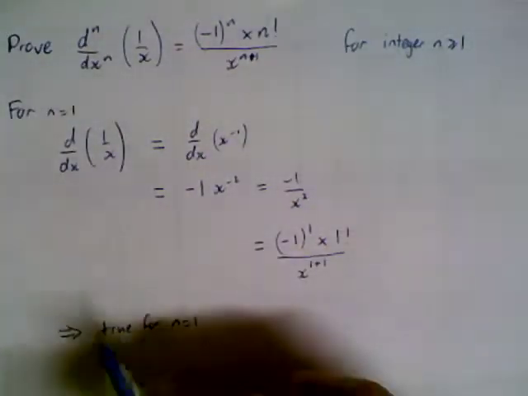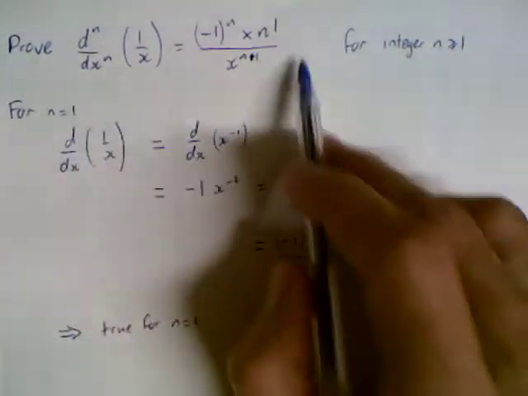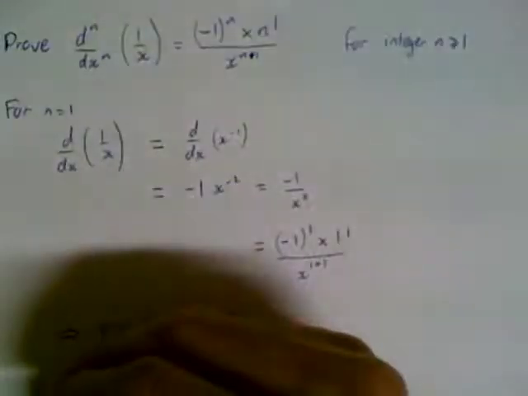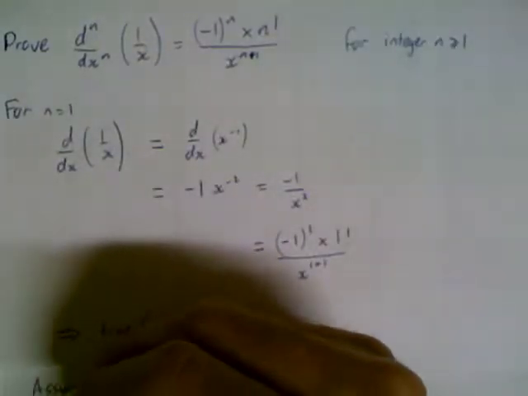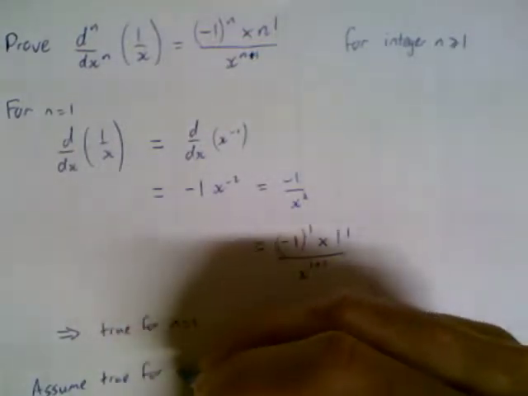Our next step is where we assume that this statement is true for n equals k. So next step, assume true for n equals k.